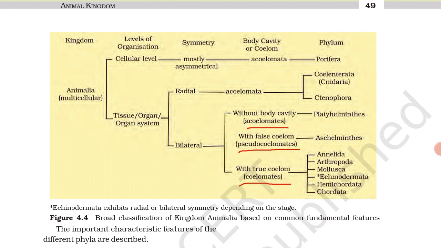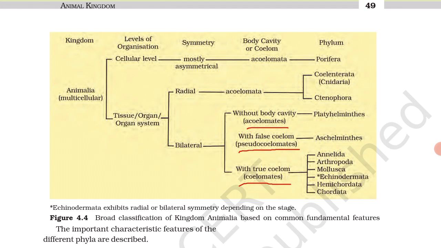So you have to keep in mind this table is very important; in it they have shown the level of organization: cellular, tissue, organ or organ system. According to that, we are going to study cellular level organization first. The animals which possess cellular level organization are mostly asymmetrical.